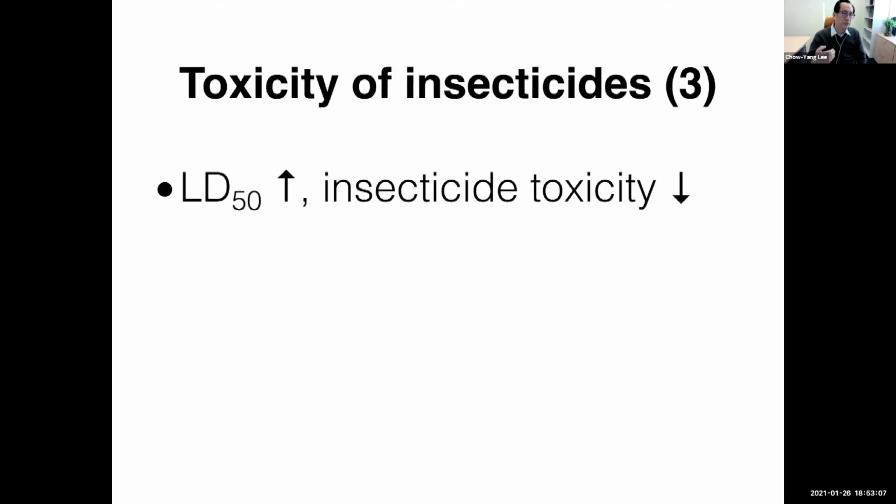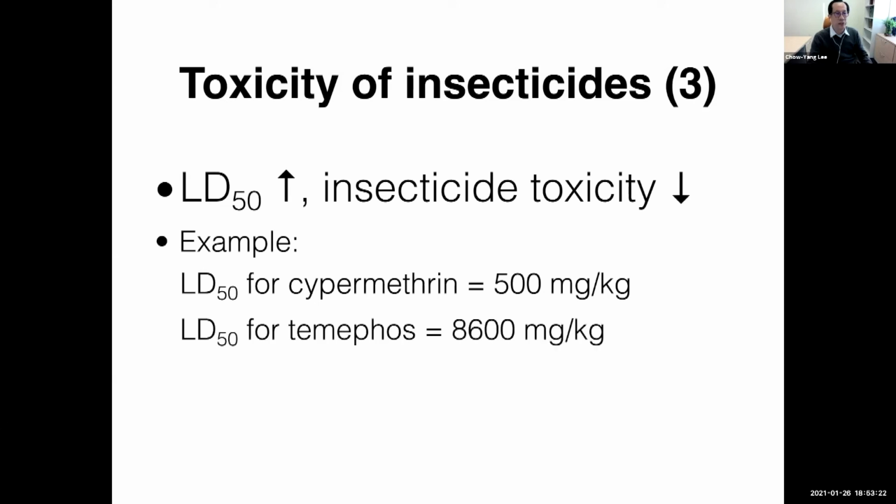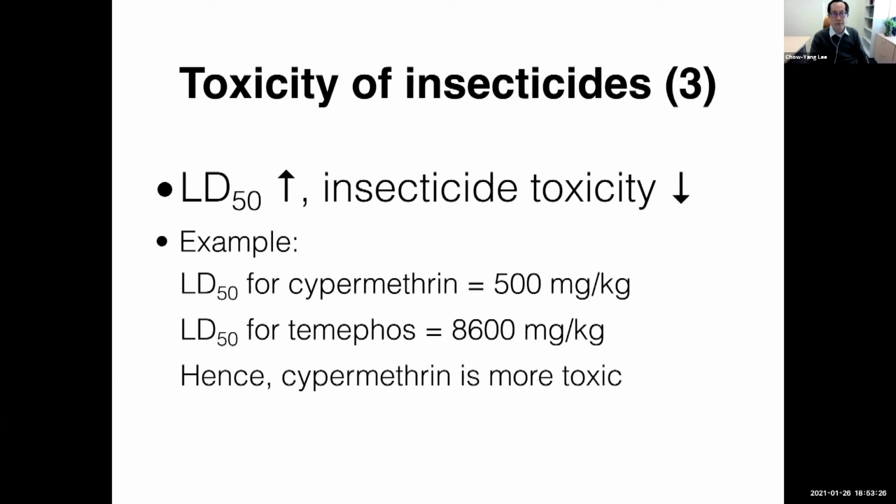When you have a higher LD50, that means the insecticide toxicity is reduced. For example, if you find the LD50 for cypermethrin is 500 milligram over a kilogram, and the LD50 for Timifos is 8600 milligram over a kilogram, that means cypermethrin is more toxic than Timifos. So that is the basic principle of insecticide toxicity.